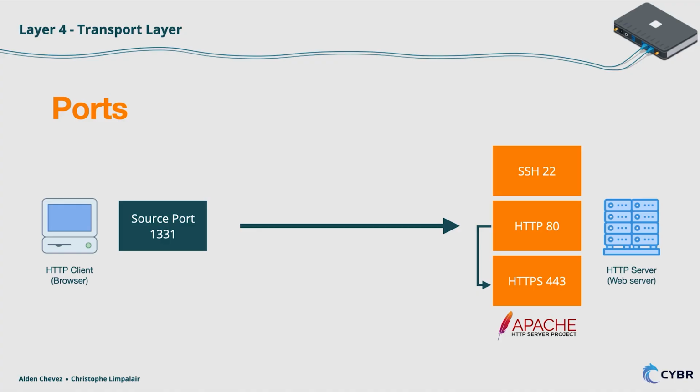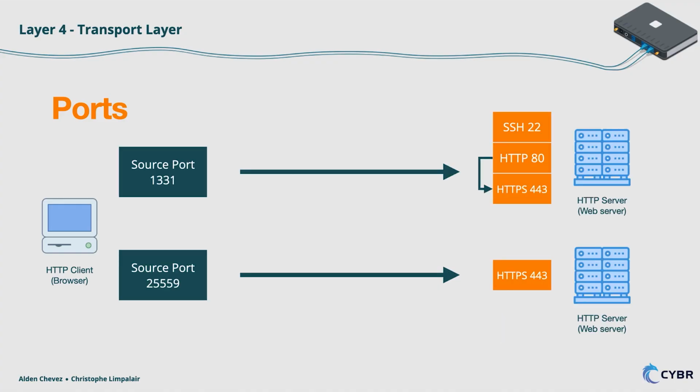Now, even though our computer already has an outgoing connection, we could open up a different website, repeat the same steps, and have a second outgoing connection using a completely different port. Let's say 25559. Now we're still using the same physical layer connection, such as Ethernet cable or Wi-Fi, but we're able to establish multiple different connections with completely different services over the same physical medium.